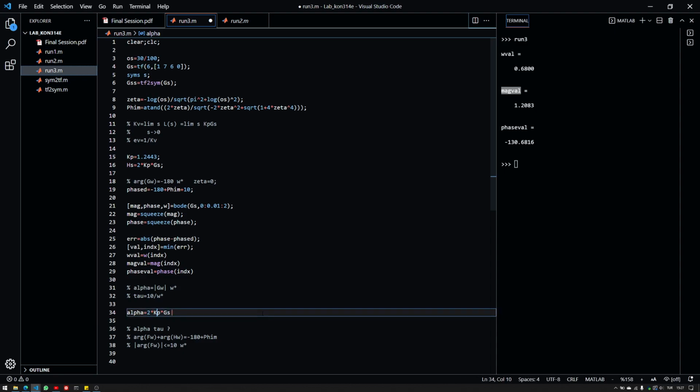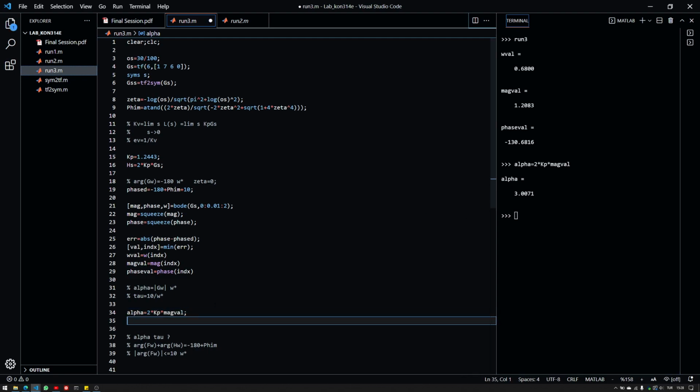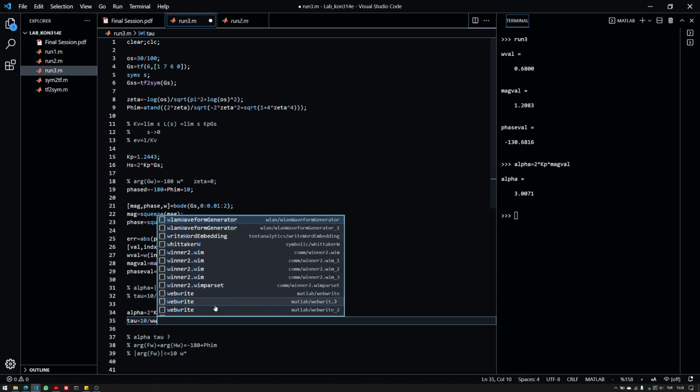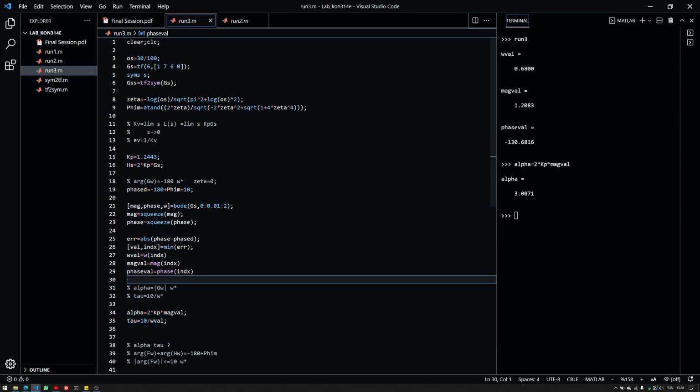So 2 times Kp times the magnitude value that I've basically calculated. So it should be equal to 3 point something. So nice. And we will have tau, which is basically the same because it does not rely on alpha. So omega val should give us that.